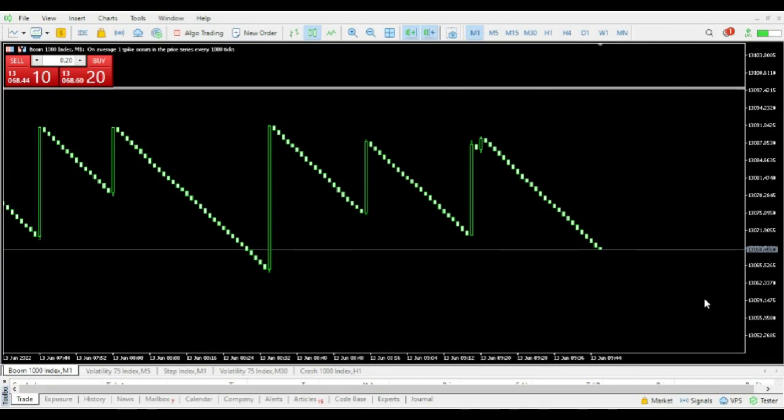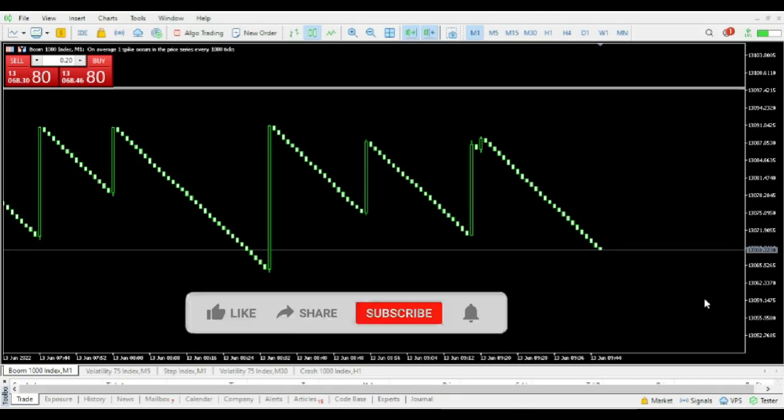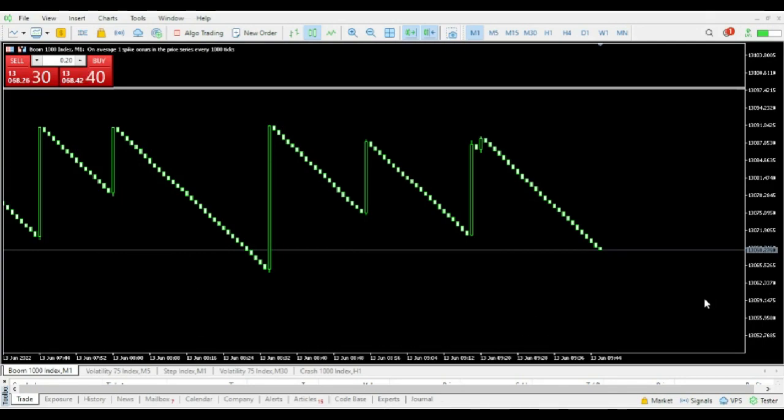I will use the free version, which is MetaTrader 4, because it's a really simple robot that you can actually make, and hopefully it can make you some money trading boom and crash. What we have on our chart here, if you have traded these synthetic indices, is Boom 1000.